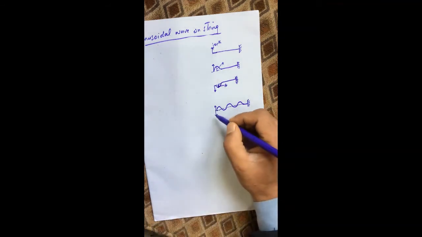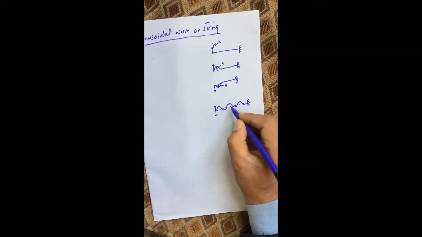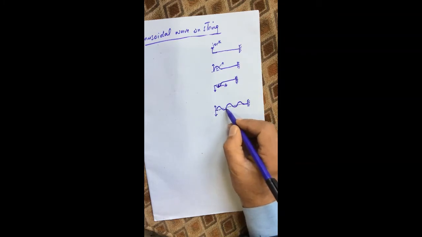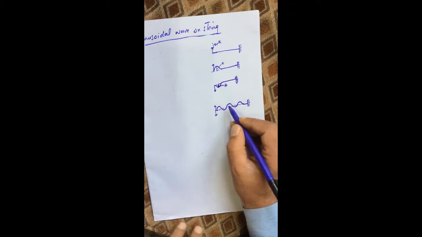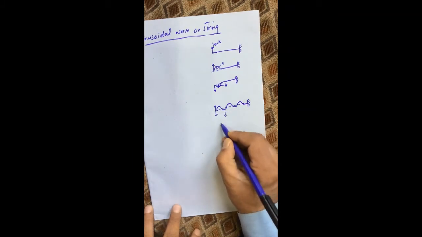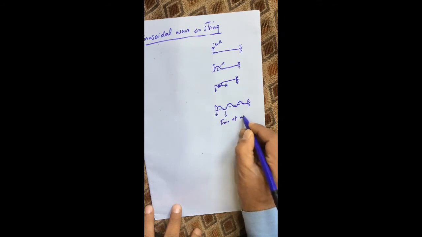Now here we are jerking the string both in upward and downward direction in a periodic manner. So in this way we create a number of pulses, both with positive displacement and with negative displacement. The creation of this number of pulses is called a train of wave.